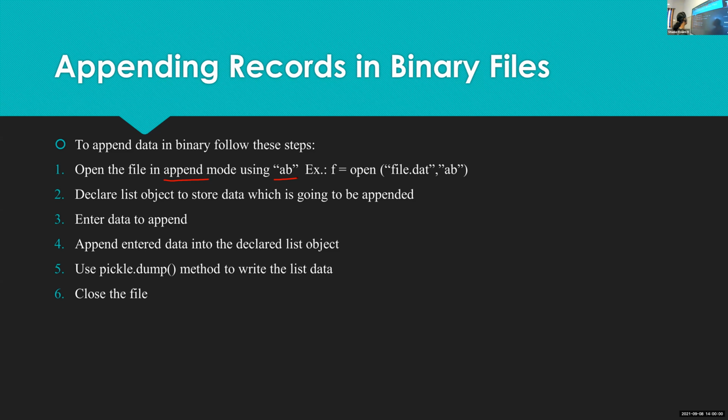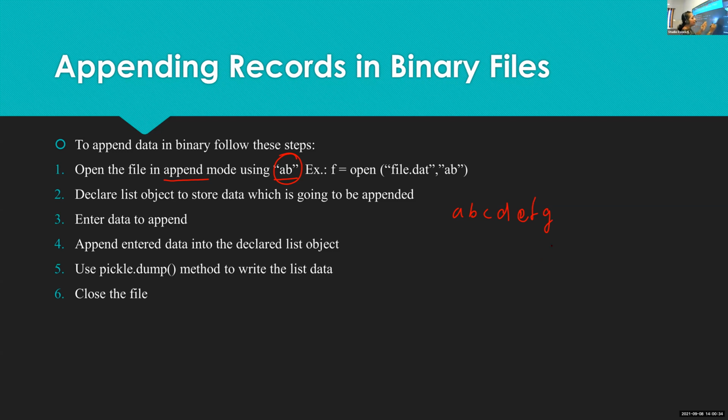So the first statement is, first you want to open the file in append mode. Append mode is represented using AB. AB is append in binary file. Append means add the data at the end of the file. If your file includes the data A, B, C, D, then the new data is joined from here: E, F, G. That is appending data, add at the end.